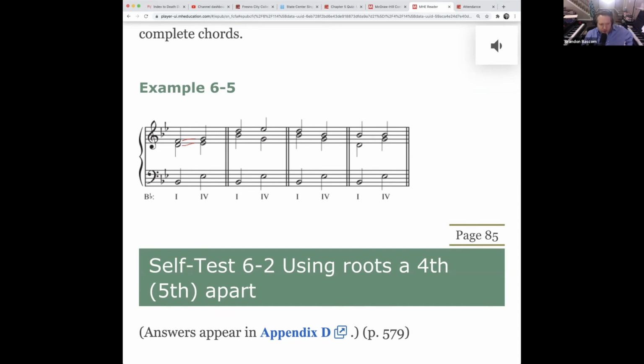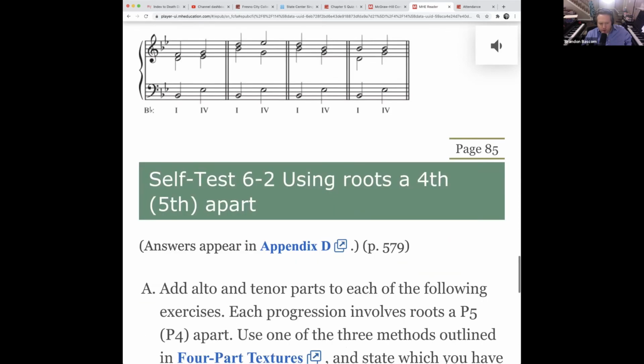And here we have a root, a third, and a fifth. So we got all 3 tones in. Same for this example. We have a root, a third, and a root, a third, and a fifth. So they're just showing you can do this in 3 voices, but you have to have a root and a third. And we have now arrived where we want to arrive for the day.